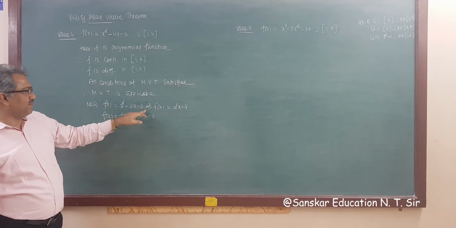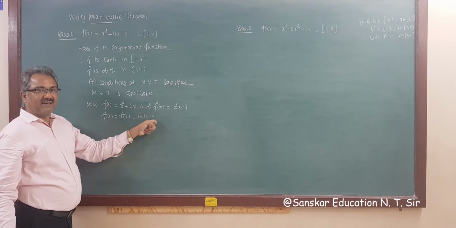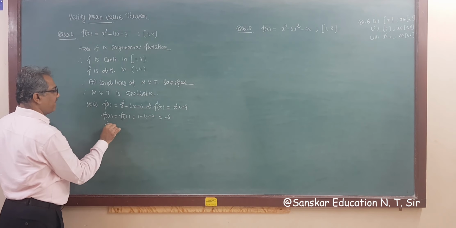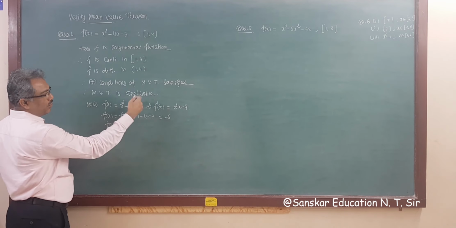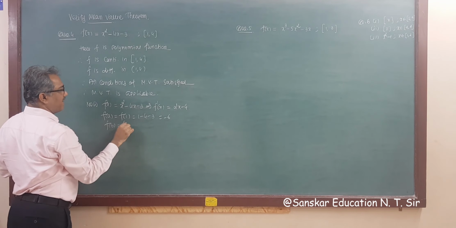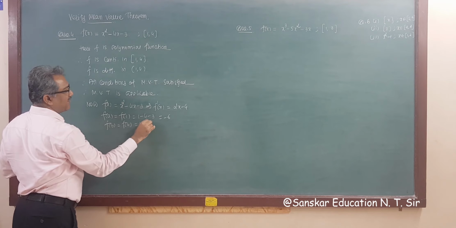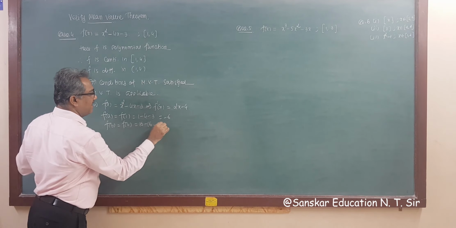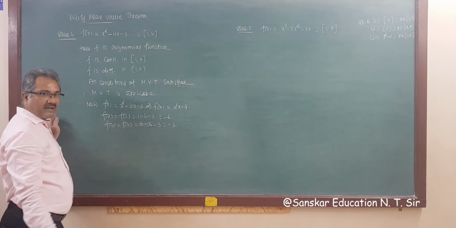So 1 minus 7, that is minus 6. So this is minus 6, and f(b) is f(4), which is 16 minus 16 minus 3, that is minus 3, right?